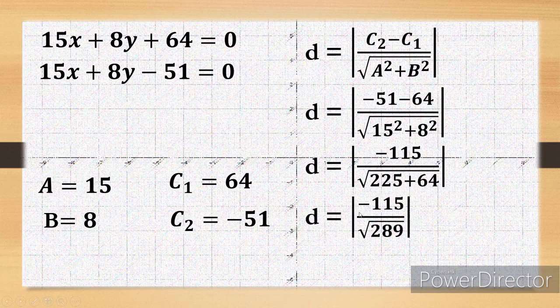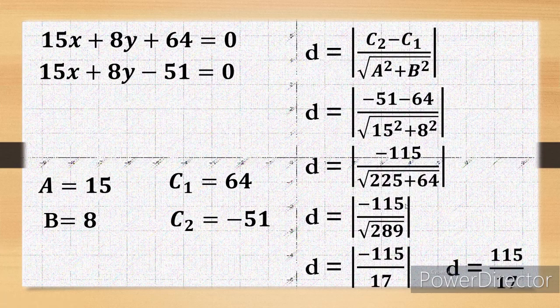So we have the absolute value of negative 115 all over the square root of 289. And for our final answer, we have the absolute value of negative 115 over 17. So we have 115 over 17. And katulad lang siya nung answer na nakuha natin. Again, ito yung gagamitin nating formula kapag ang hinahanap natin ay distance between two parallel lines.